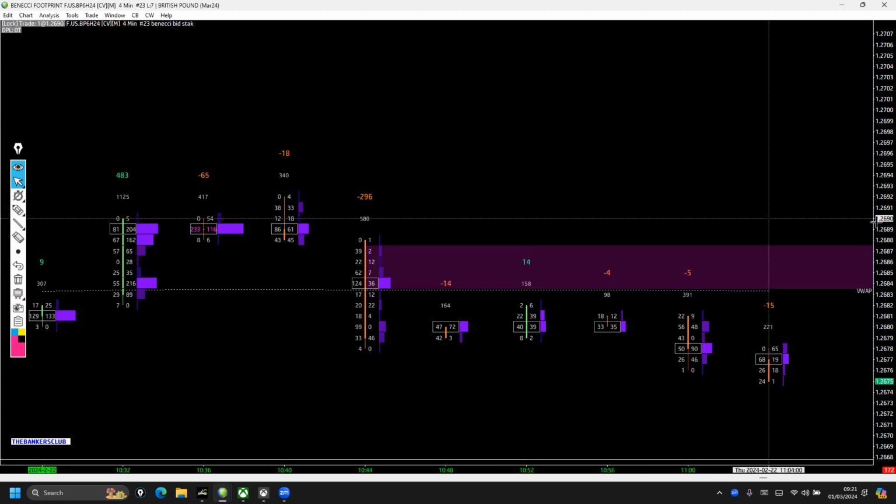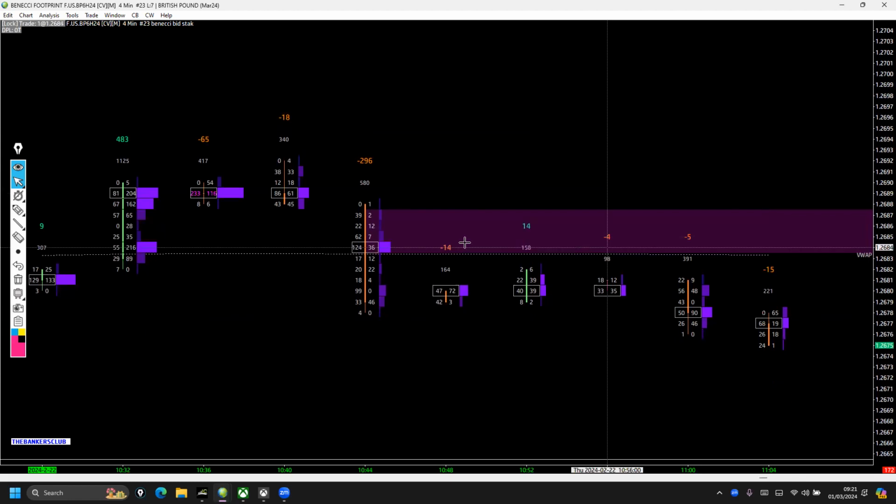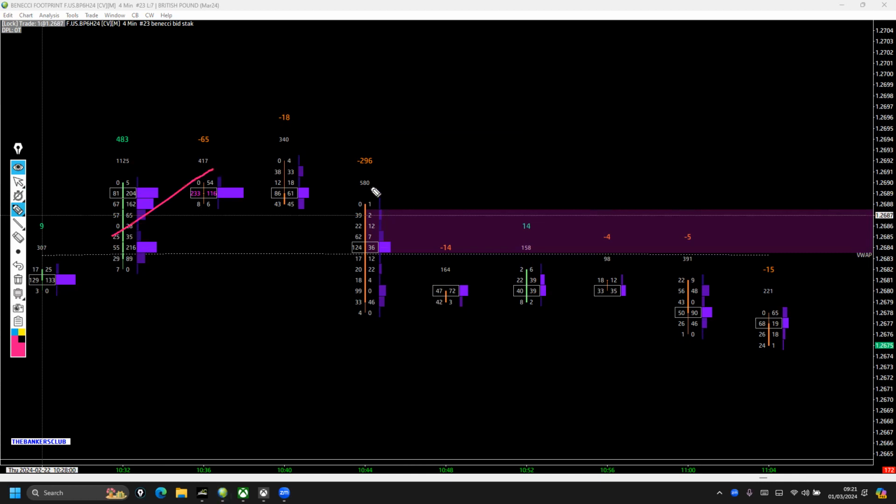Here we can see another example by the looks of it. So again, buying into the area. And again, look, significant differences in price.